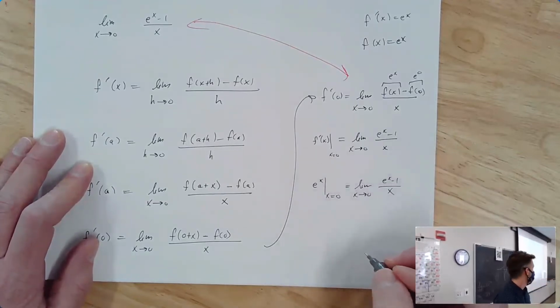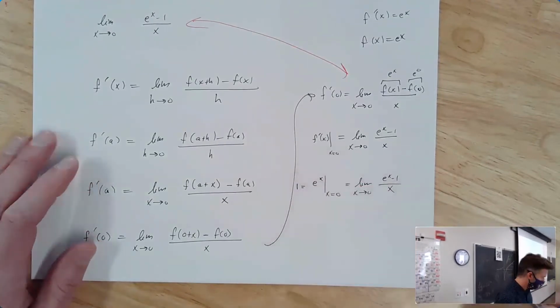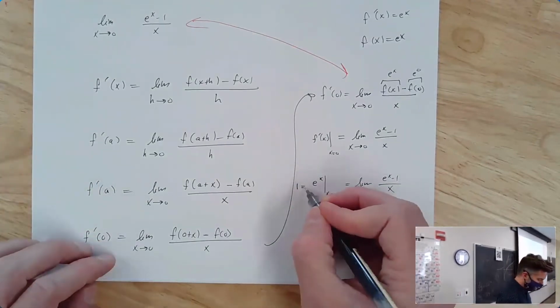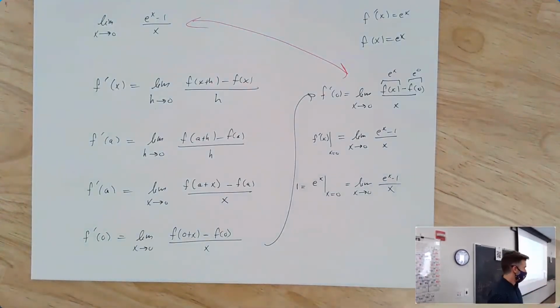Which is just 1. So the idea behind this question, I believe, is that they want you to see that it is really the limit definition of the derivative of a function evaluated somewhere. That's the whole point of this question.